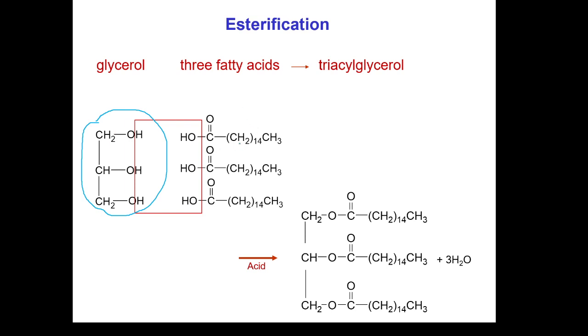My fatty acid chains come in and they link to the glycerol, just like we would in Fischer esterification. The difference is, instead of reacting a fatty acid or a carboxylic acid with one alcohol and making our ester linkage, our alcohol has 3 alcohol groups, 3 OHs that are available to make that ester linkage. Hydroxide, hydroxide, hydroxide. What are we going to do?